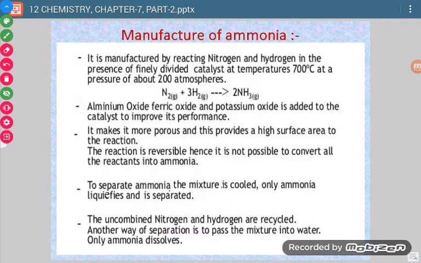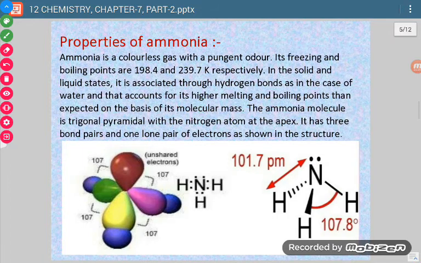Now let us discuss the properties of ammonia. Ammonia is a colorless gas with a pungent odor. So it is a colorless gas and its smell is pungent. Its freezing point is this much. Its boiling point is 239.7 Kelvin.